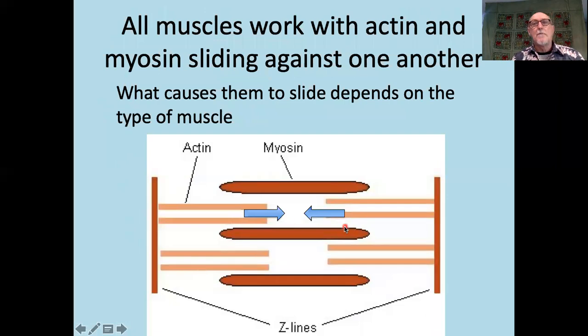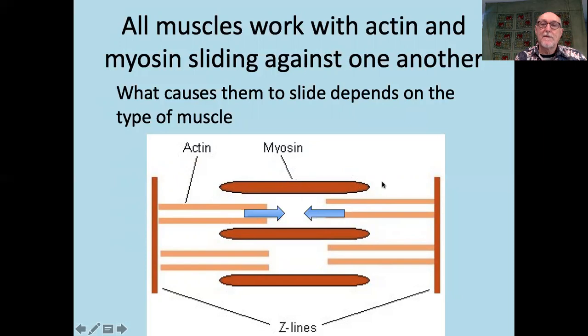So here's what I meant by saying that the fibrils in the muscle slide against one another to cause the contraction. This is very simplified. Here are the two kinds of protein fiber inside the muscle. One is a thin fiber here, and that's called actin.